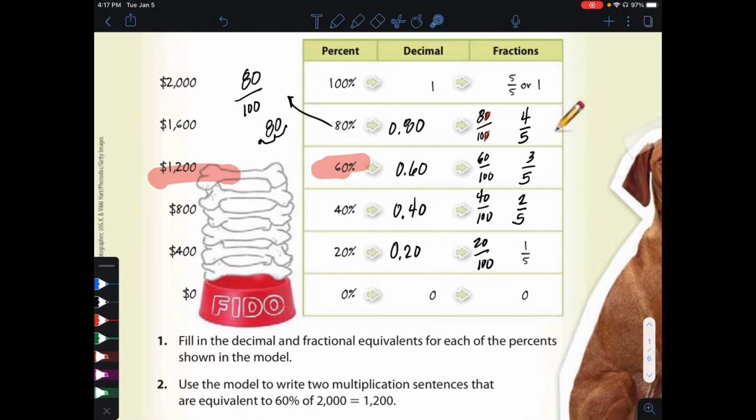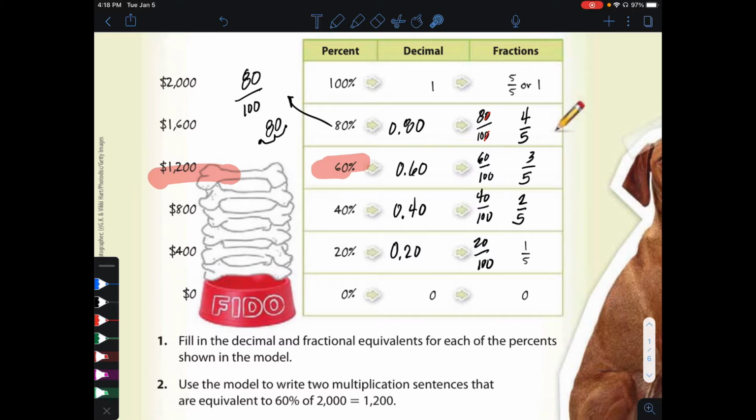Now again, let's recall what we just did. Basically 100% of 2000, 80% of 2000 is 1600, 60% of 2000 is 1200, 40% of 2000, I'm sorry, is 800, 20% of 2000 is 400, and 0% of 2000 is simply 0.